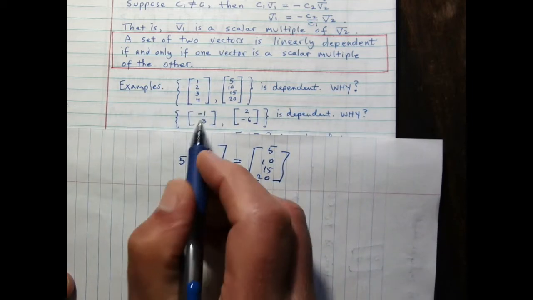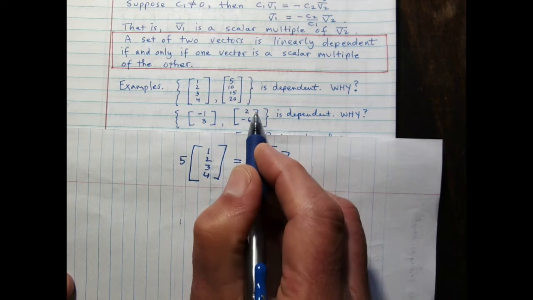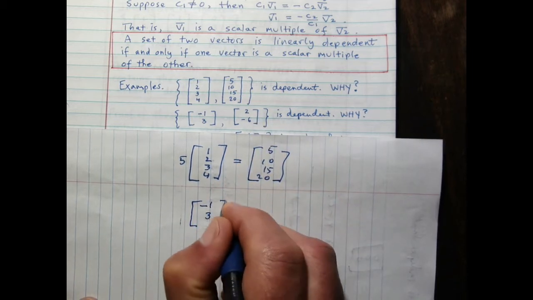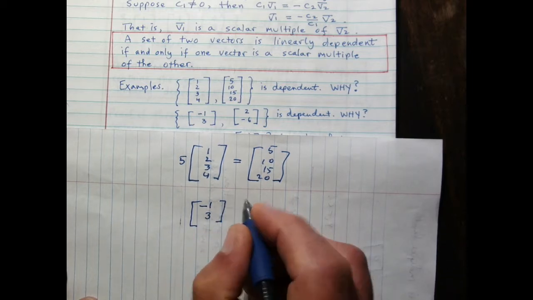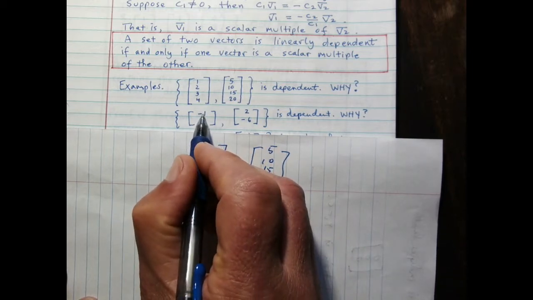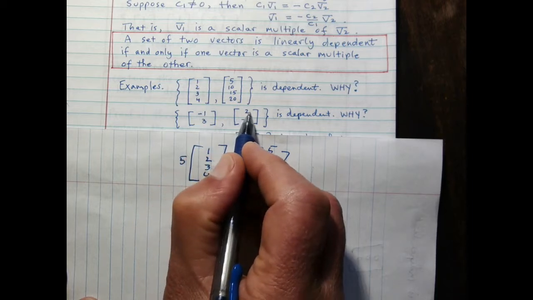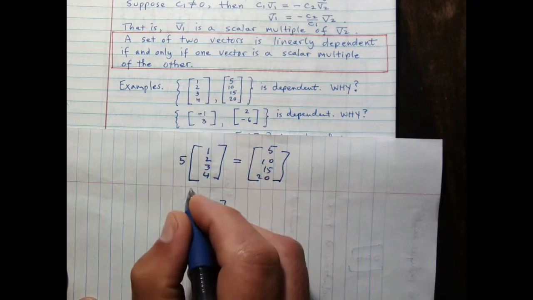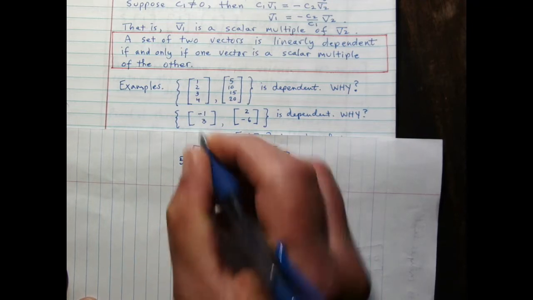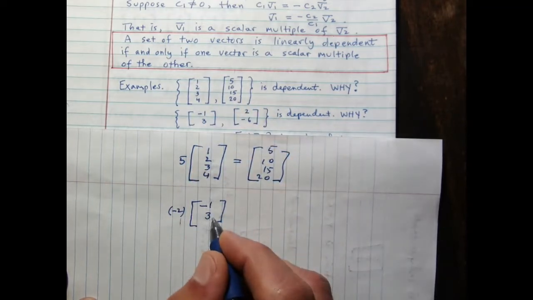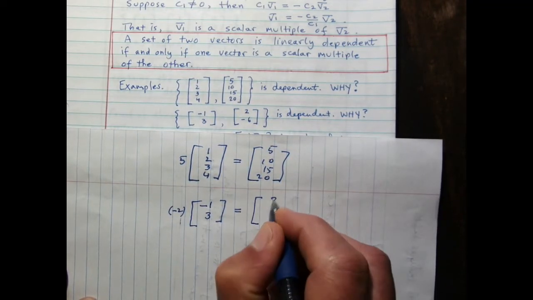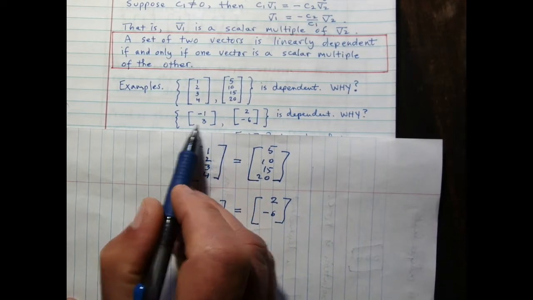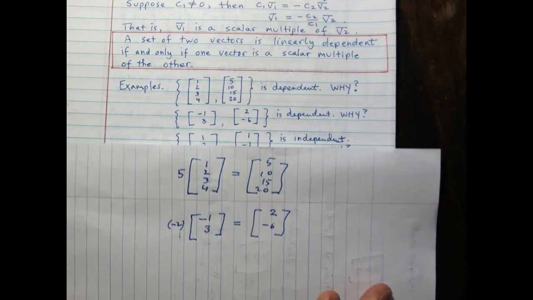Second example, (-1, 3) and (2, -6). It can be a little more subtle sometimes, it's not always obvious. I just try to get from one component of one to the corresponding component of the other by multiplying. I would multiply -1 by -2. So what happens if I take the entire first vector and multiply by -2? I get 2, -6. I get that second vector. They're scalar multiples of each other, so they're definitely dependent.